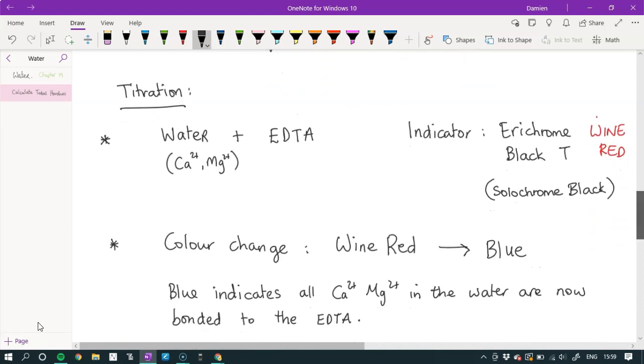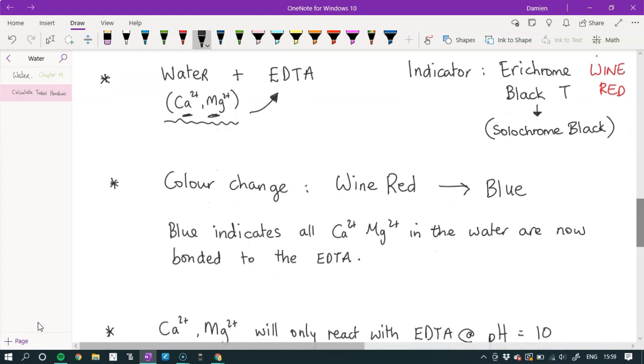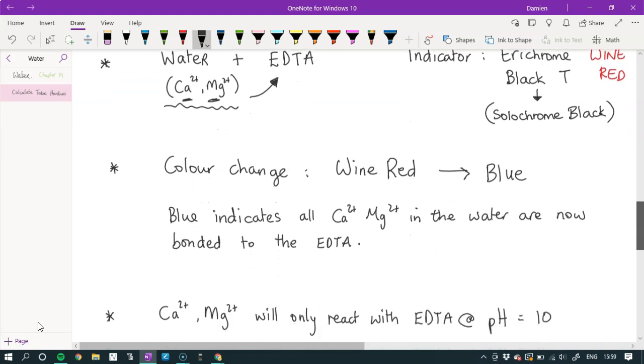So a couple of notes then about the titration. You're basically mixing water with EDTA, and it's the water that contains the calcium and magnesium, but it's actually the calcium and the magnesium that are reacting with the EDTA. It's just the water as a source of these. Your indicator is Eriochrome Black T, which also has another name, Solochrome Black, and you may come across that as well, but it's more commonly known as Eriochrome Black T. It's a wine red colour, and the colour change you need to give before and after is wine red to blue.